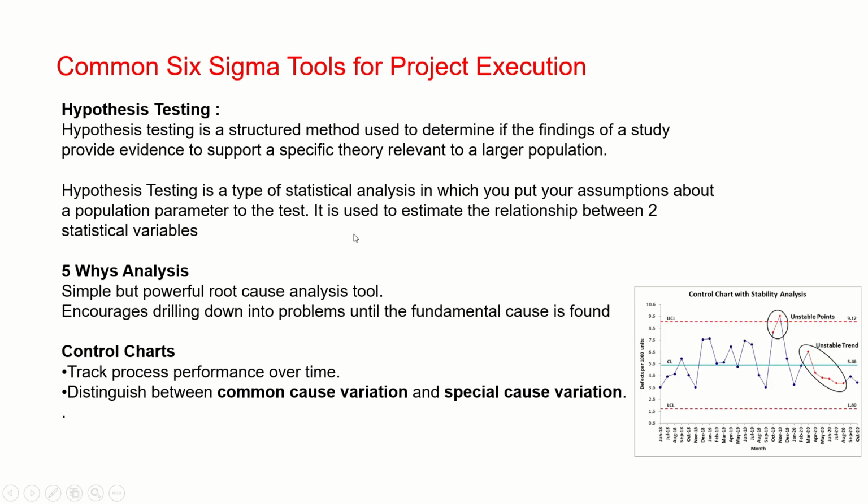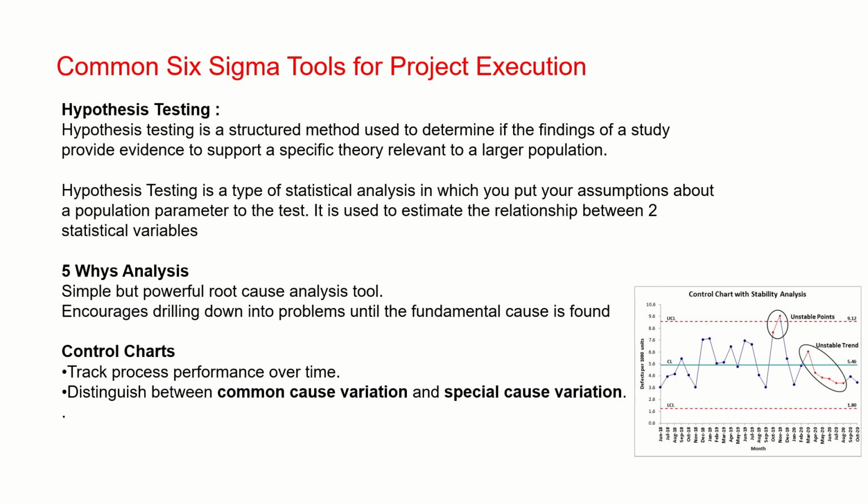So let us see this example of a control chart in which you have an upper control limit in a process and a lower control limit. Whenever there is a point which goes outside these control limits, it means your process is unstable. So you have to find out the reason for it going out of these control limits.